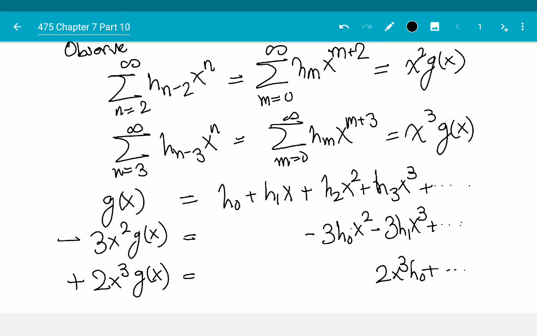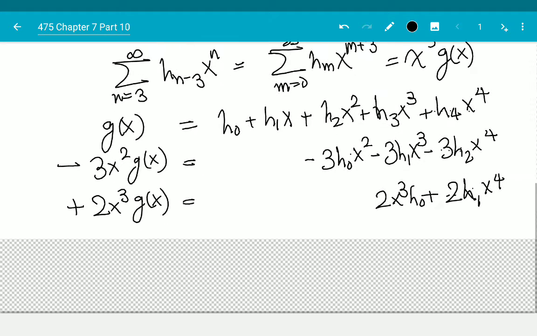Let me write one more term here: this term is minus 3 h2 x to the 4, not cube, this should be 4, plus 2 h1 x to the 4, and so on.